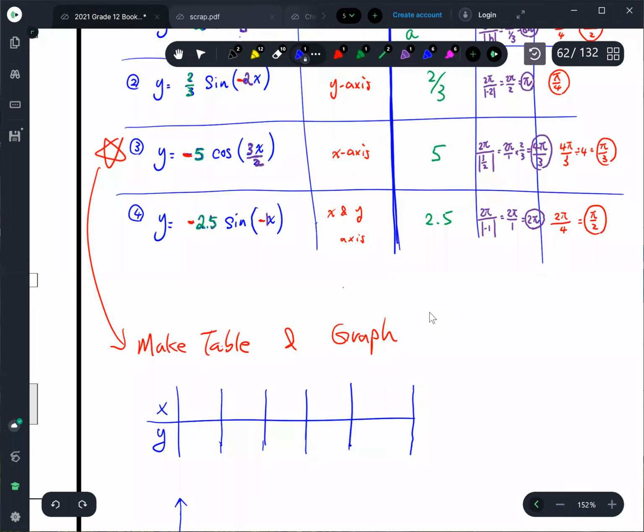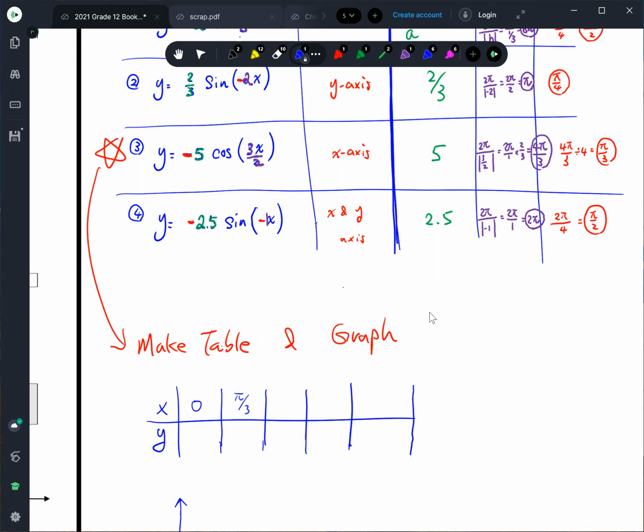For the table, for the x, you use the size of space. You start from 0. Size of space is pi over 3, already found that. You keep on adding pi over 3. 0 plus pi over 3, so that's pi over 3, and then 2 pi over 3, and then 3 pi over 3.